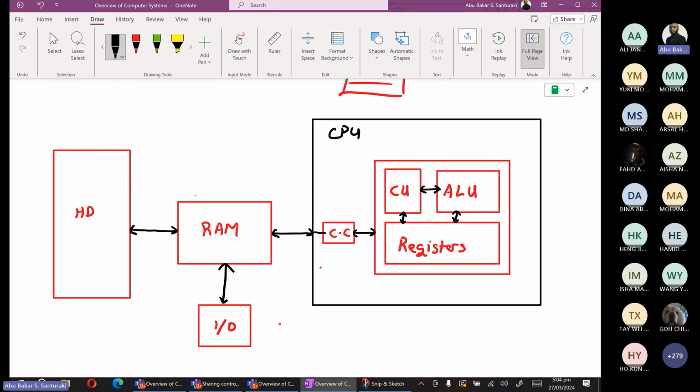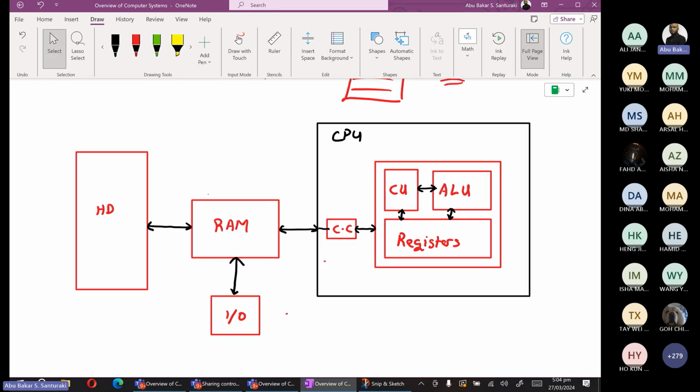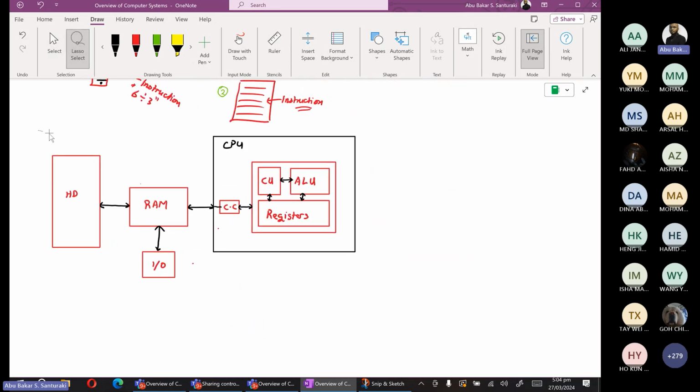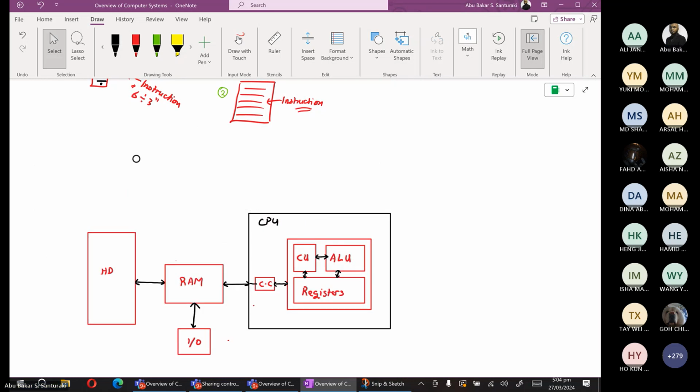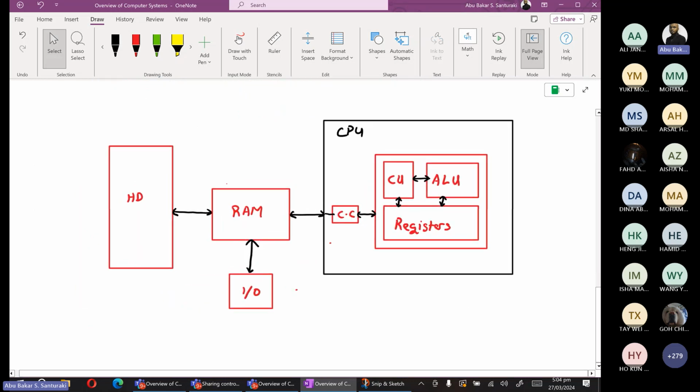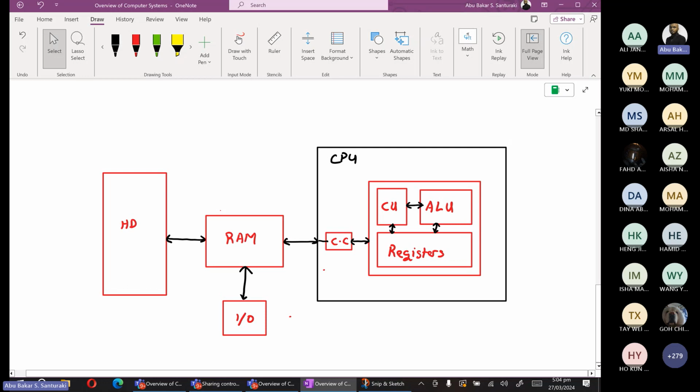So I'm going to give you an example here. If you were to try to understand how a computer actually operates and functions, we can now use this diagram to better understand it. Let's say on my computer, I have a music file. That music file will obviously be stored somewhere in my hard drive. In the hard drive, it will be a file that consists of a sequence of zeros and ones.